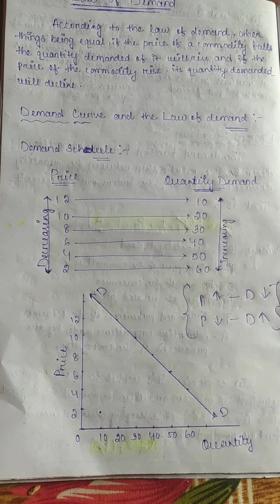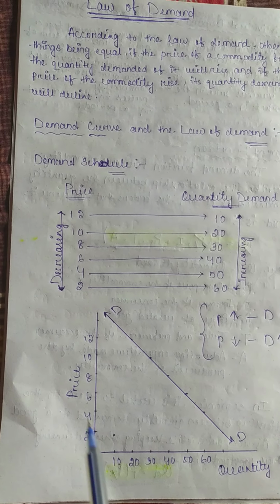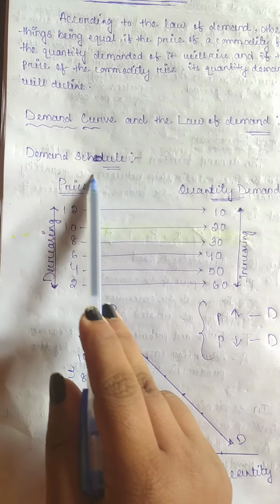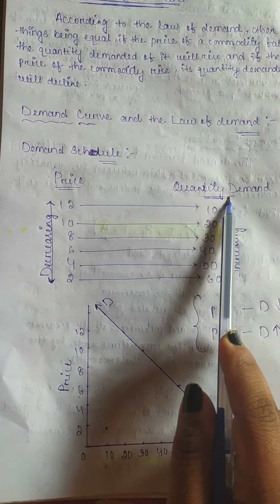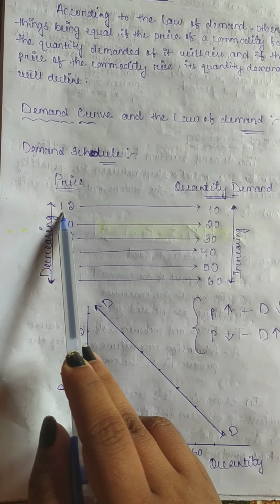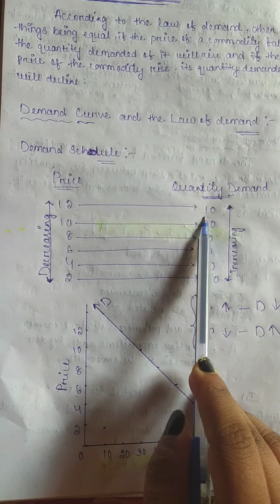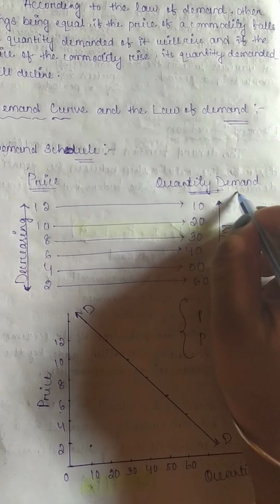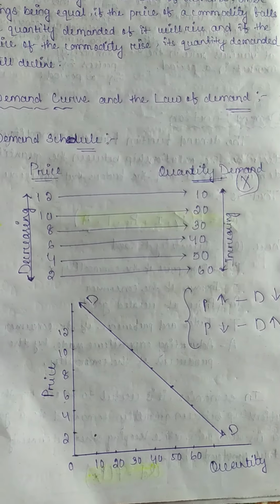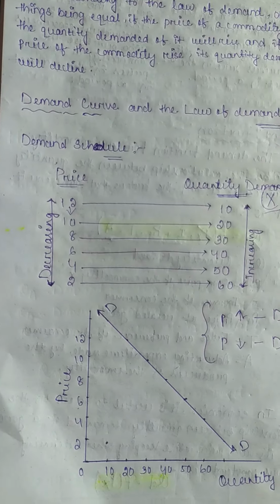There is a demand schedule, that means a table. Here we can see a price and a quantity. When the price is 12, a consumer demands only 10 units of a commodity, suppose commodity X. Suppose the price decreases from 12 to 10.